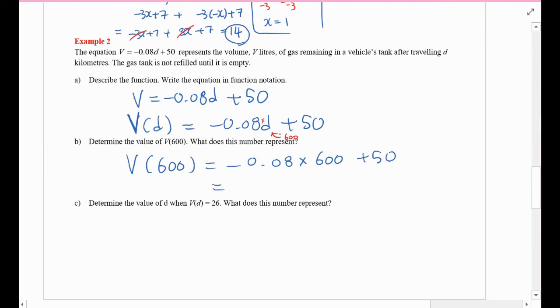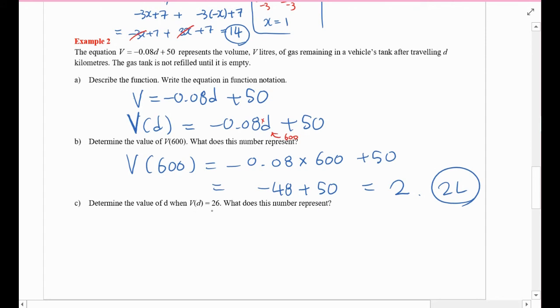Then let's use a calculator to find the answer. Negative 0.08 times 600 is negative 48, plus 50. What's negative 48 plus 50? Which is 2. So the answer is, the remaining gas is 2 liters.